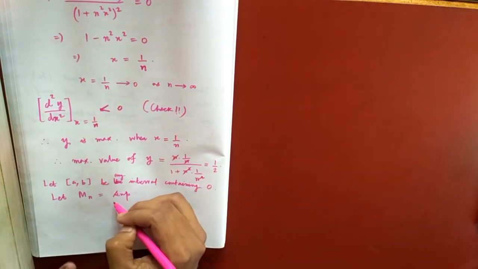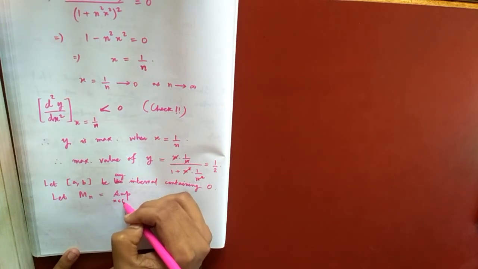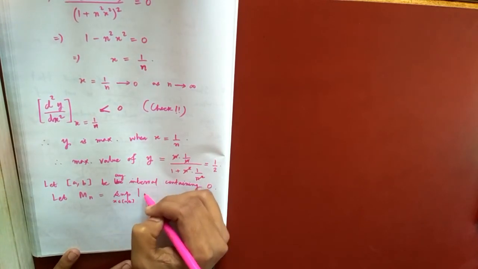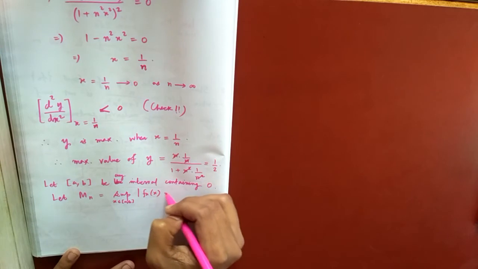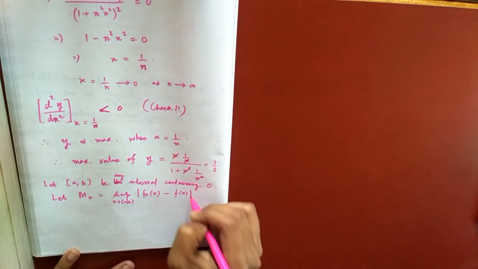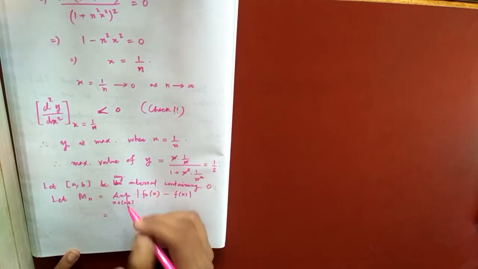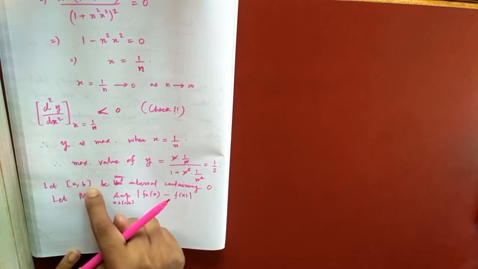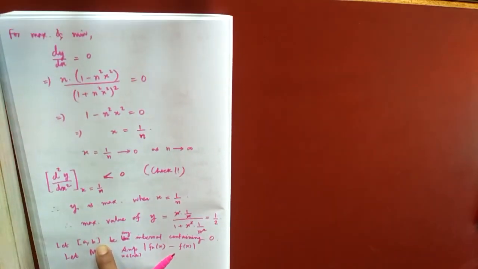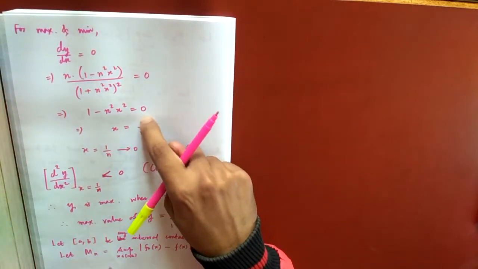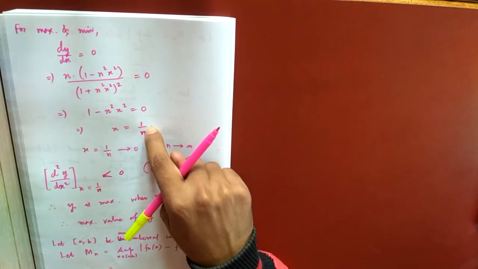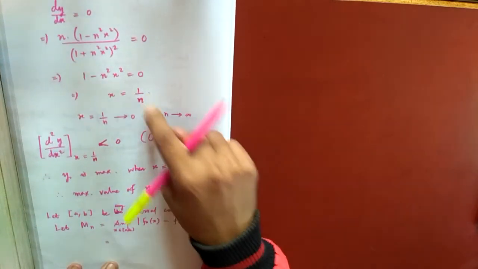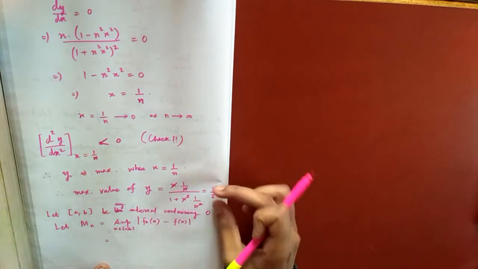So Mn is the supremum over x belonging to AB of modulus of fn(x) minus f(x). Because 0 is in this interval, this number 1 by n is in that interval. So the maximum value of this thing is going to be half.